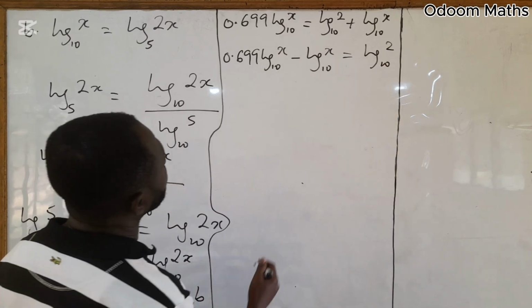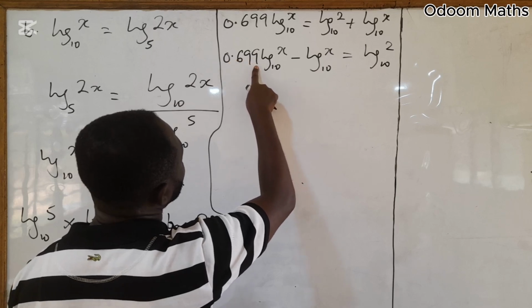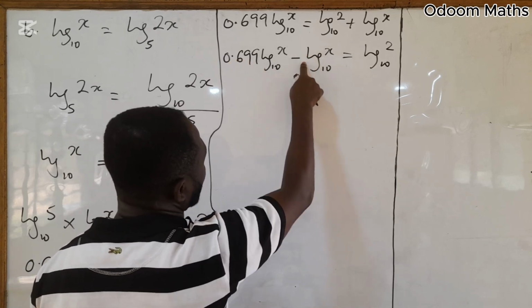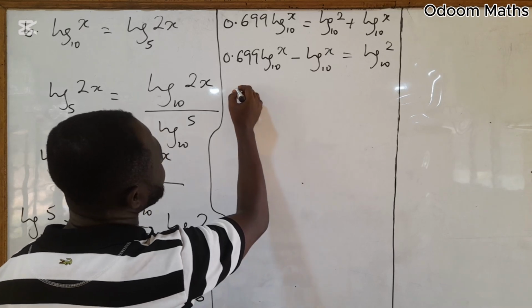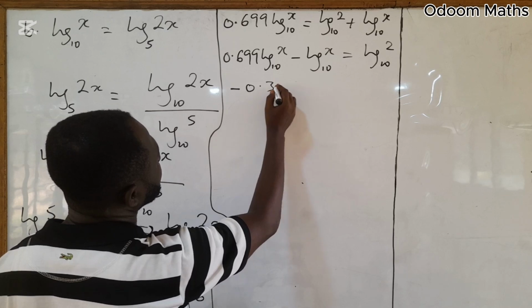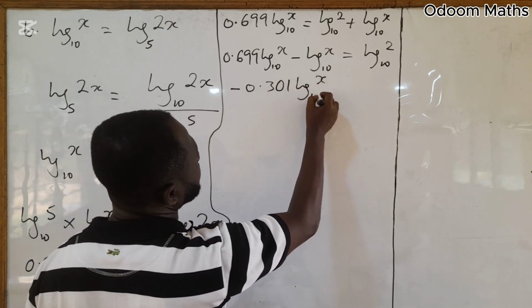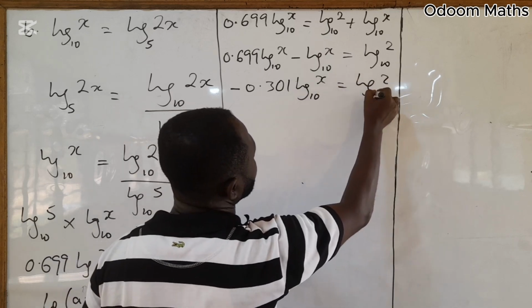From here, this is 0.699 minus 1, there's 1 here, and that is going to give me negative 0.301 log x base 10 equals log 2 base 10.